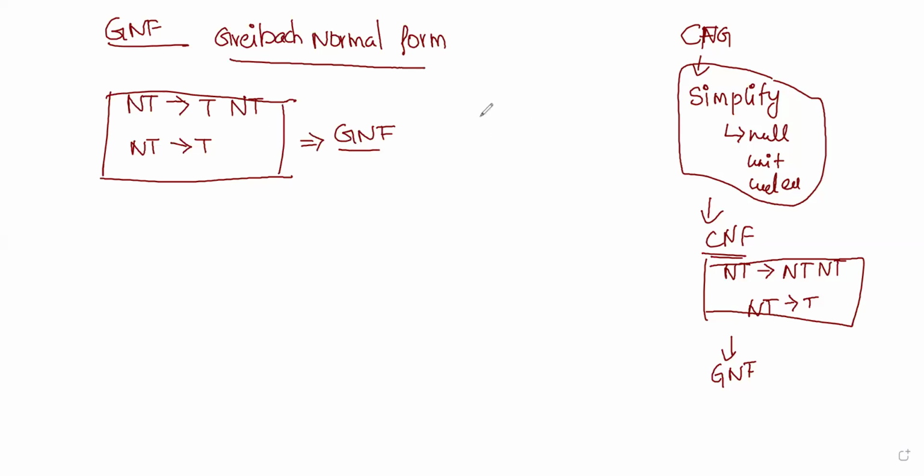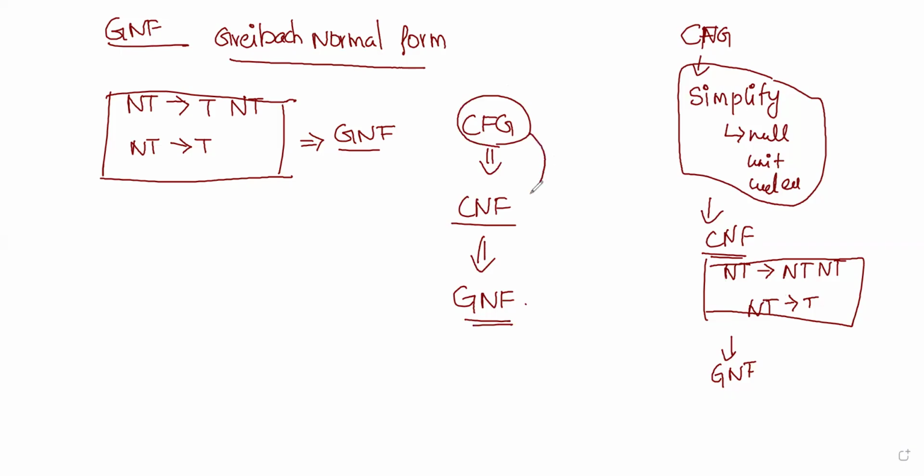So if a context-free grammar is given, you can convert that into CNF in this format, and similarly this CNF can be converted into GNF. If they are asking you to convert to GNF, then you have to convert the CFG into CNF first, then from that you can convert into GNF.